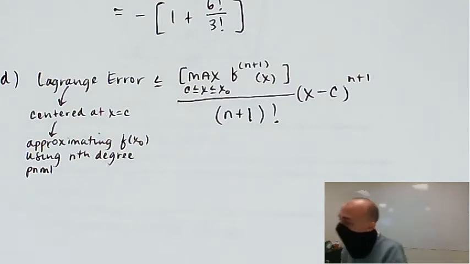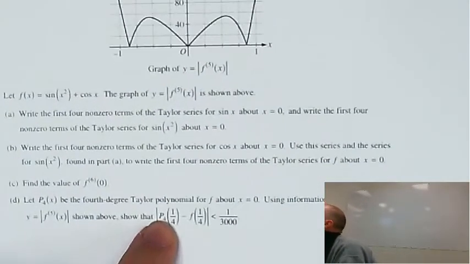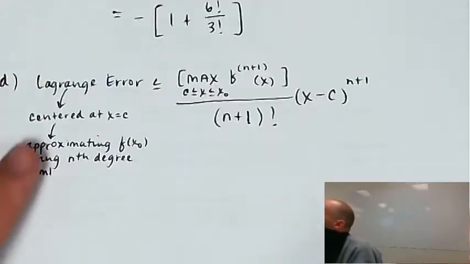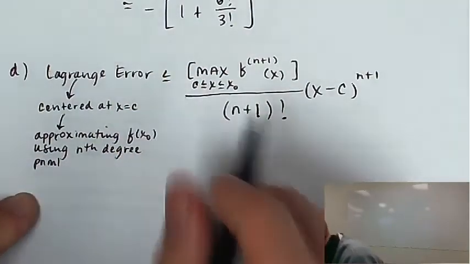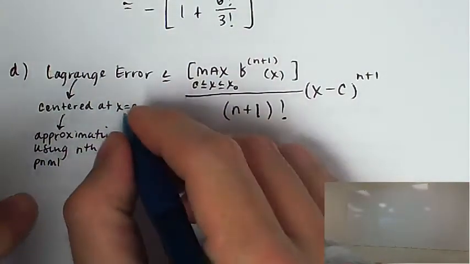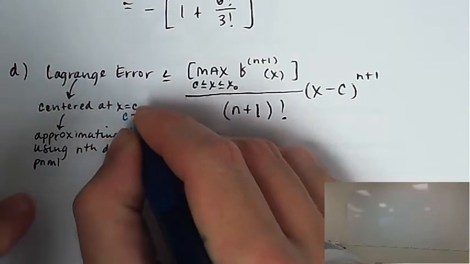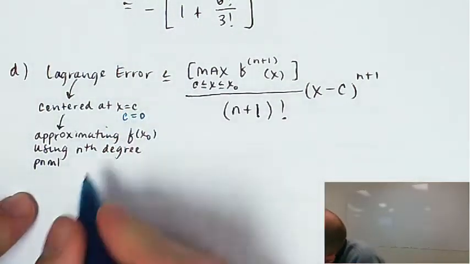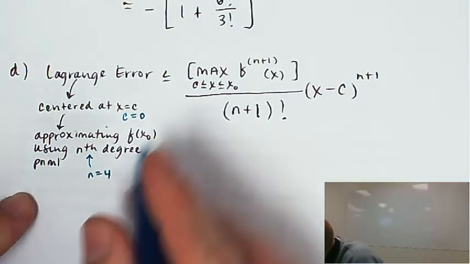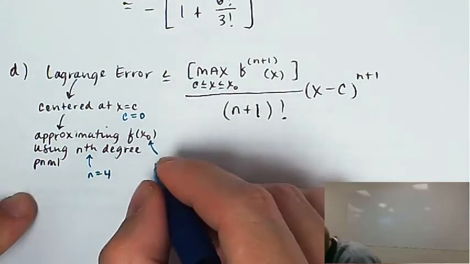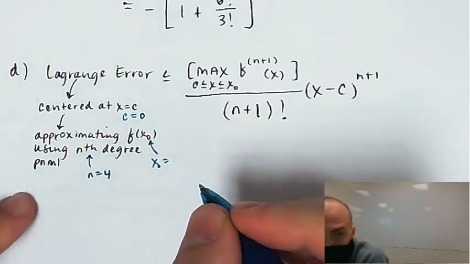So the one they're talking about is they're going to use a 4th degree polynomial to approximate f of 1/4. So to use the same language I was using before, c equals 0. So maybe I'll use some color here. Because it's centered at 0, we are using a 4th degree polynomial to approximate f of, what was it, 1/4?